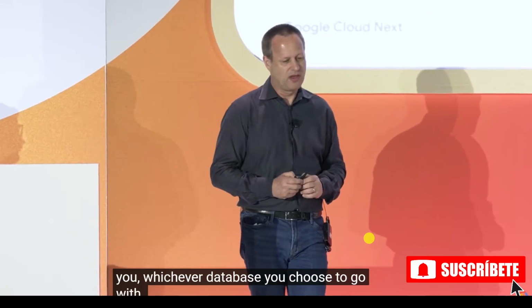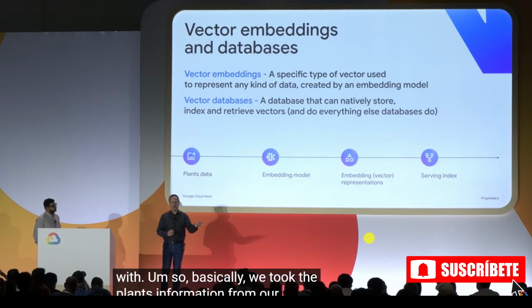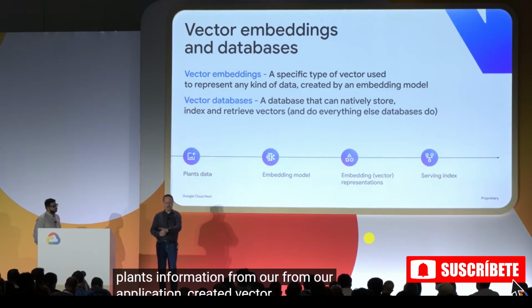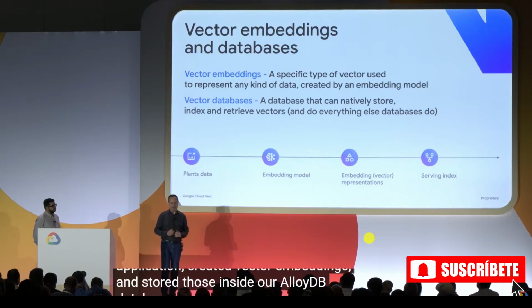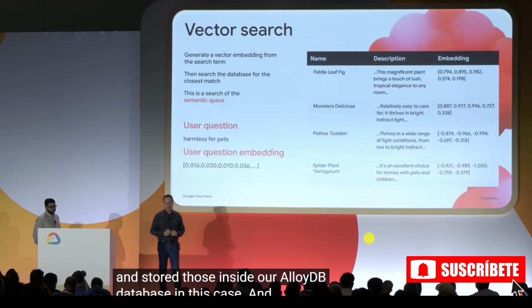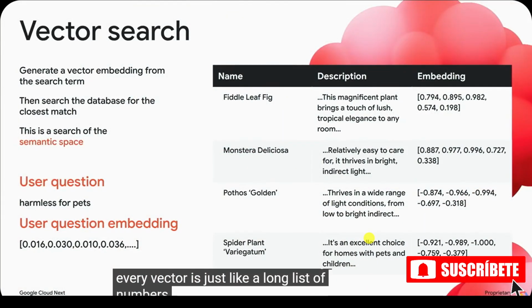So we took the plants' information from our application, created vector embeddings, and stored those inside our AlloyDB database in this case. Every vector is just a long list of numbers.